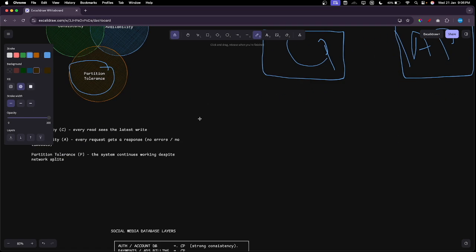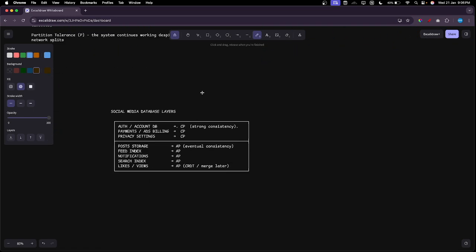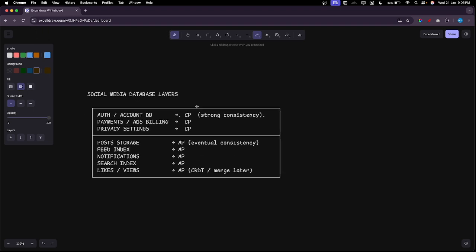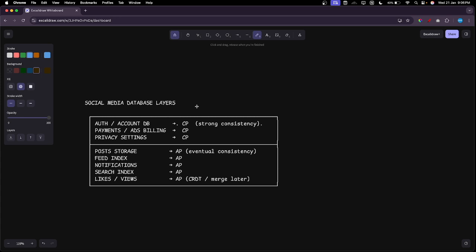So instead of applying CAP to the whole system, the big companies apply it feature-wise. For authentication, they guarantee consistency and partition tolerance. Same with payment and privacy.